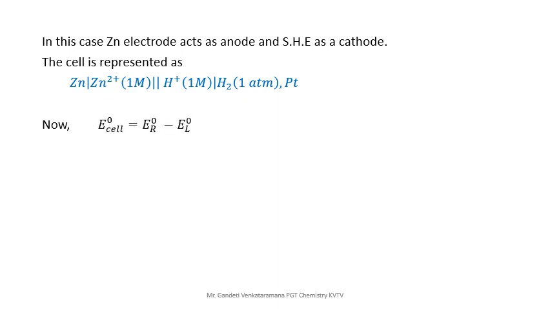Now E naught cell equals the electrode reduction potential, right hand side minus left hand side. The cell potential has been measured to be 0.76 volt by using the voltmeter, as discussed in the earlier slide. Okay, mathematical calculation only.